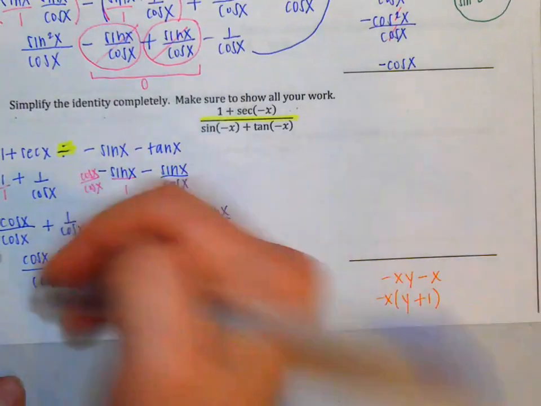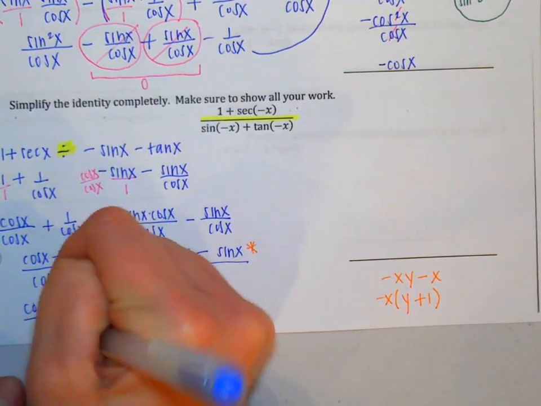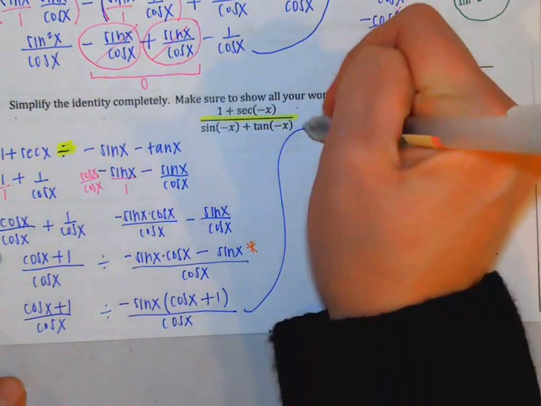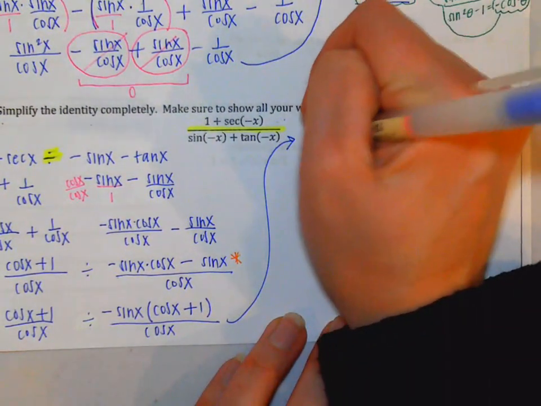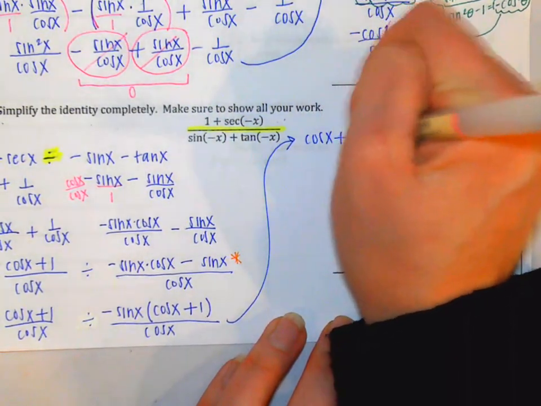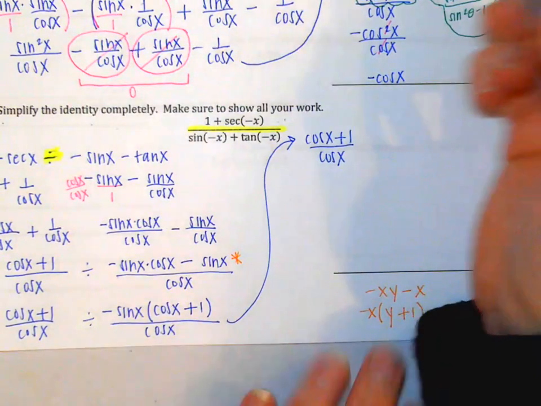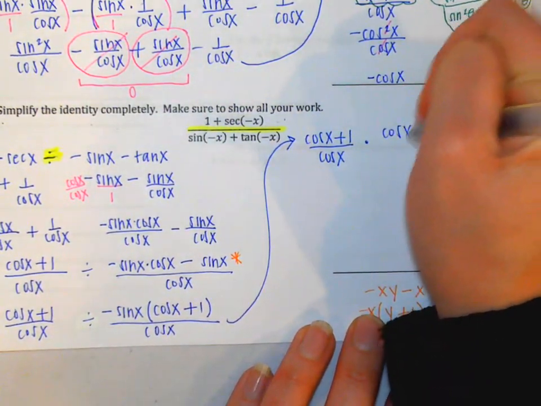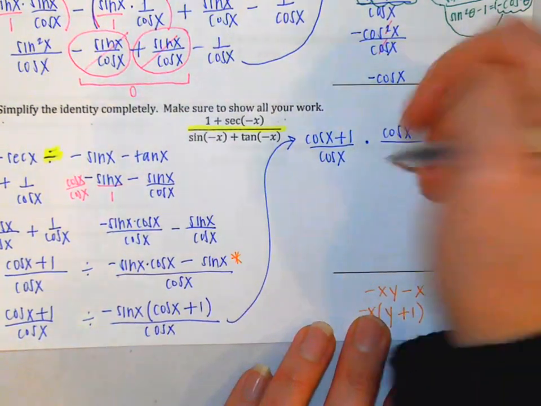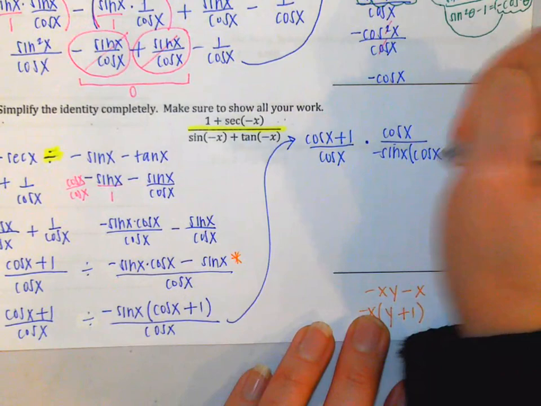Okay, so now I have a singular fraction on the left, a singular fraction on the right, so I'm going to flip and multiply. So my left side's going to stay as is, cosine x plus 1 all over cosine x. And then my other side is going to flip. So it's going to be times cosine x on top, and then negative sine x times cosine x plus 1.